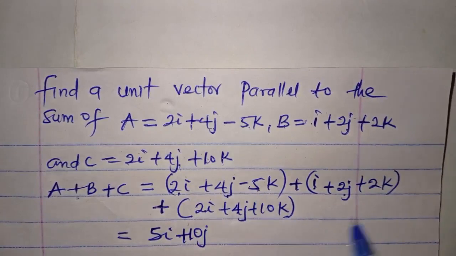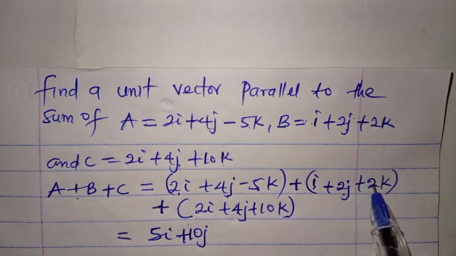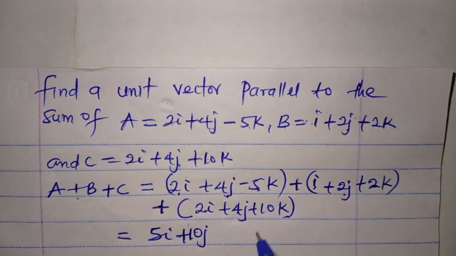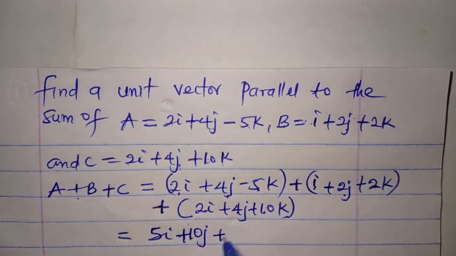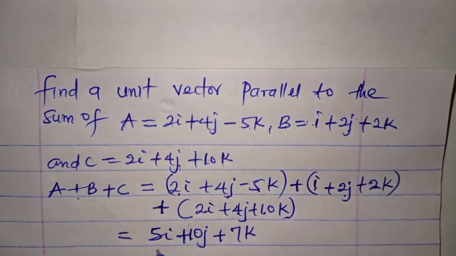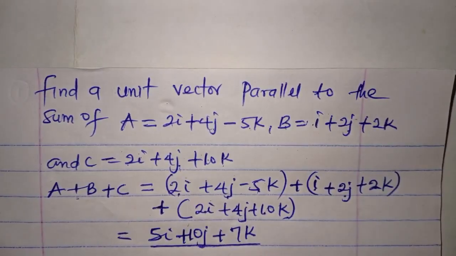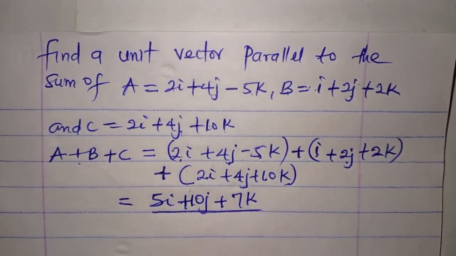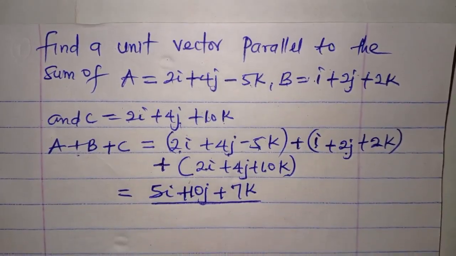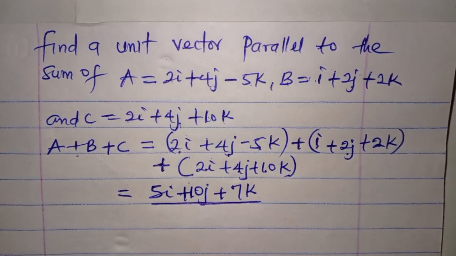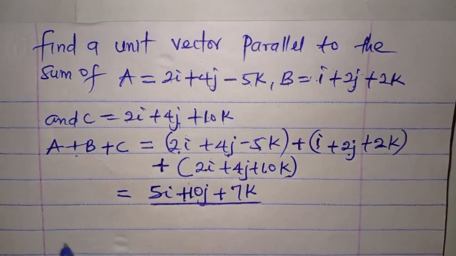Minus 5k plus 2k is minus 3k, and minus 3k plus 10k is 7k. So this is the sum, or the resultant, of the three vectors A, B, and C. Now, the unit vector parallel to the sum of A, B, and C is this.